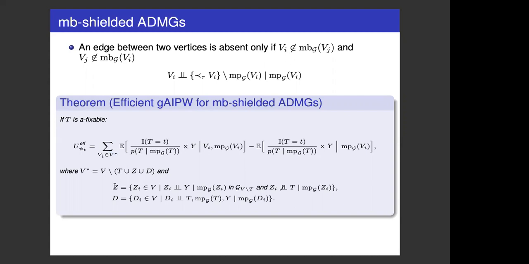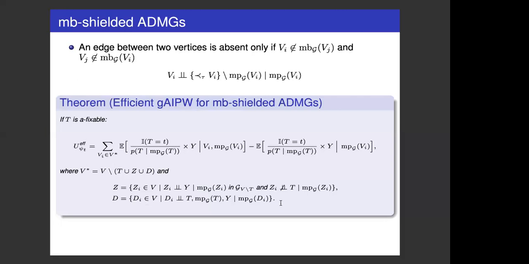The other set is the set Z that satisfies these conditions, which are basically vertices that satisfy conditions similar to conditional instrumental variables. And the set D are basically all the irrelevant vertices, like the descendants of the outcome, for example, plus other things that satisfy this condition.